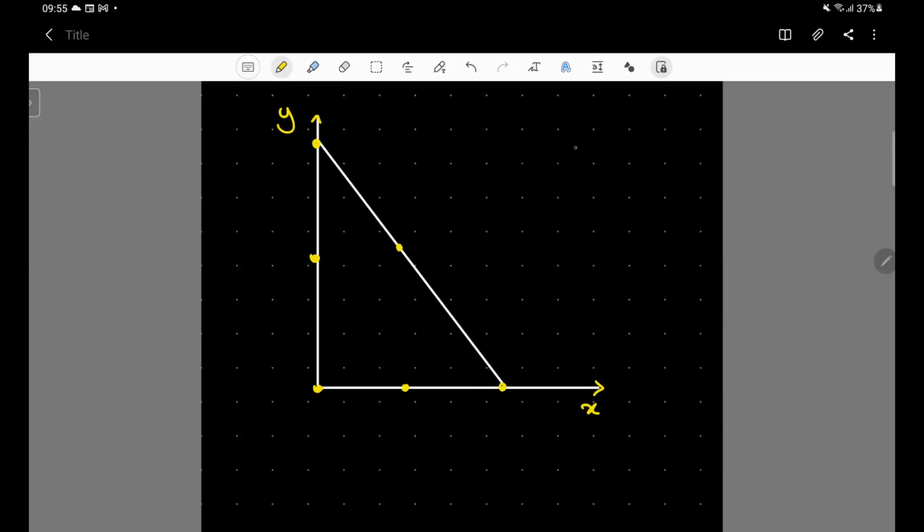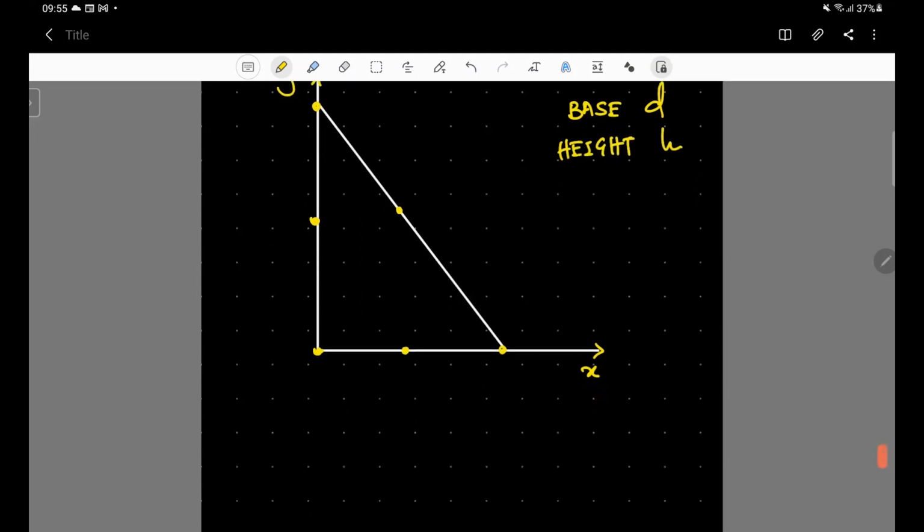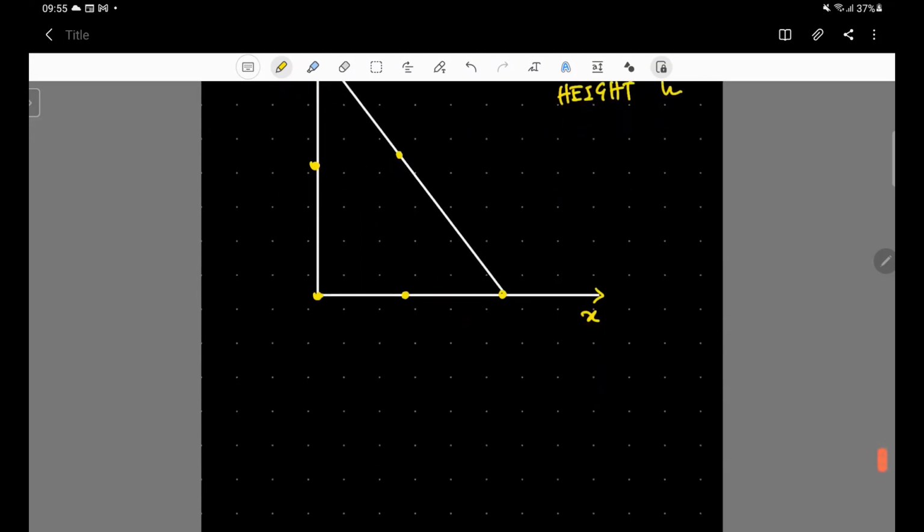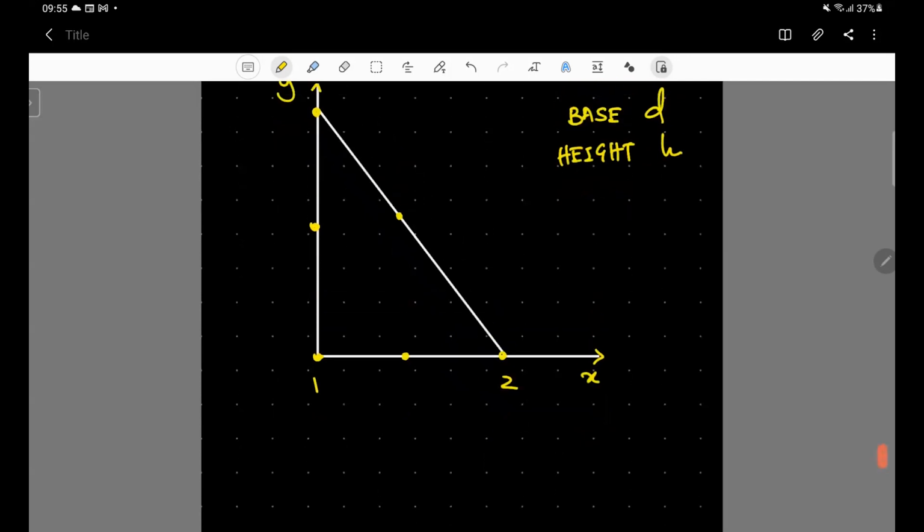So we know the triangle which we consider has a base dimension of B and a height of H. Using this, we can write down the nodal coordinates of each node.